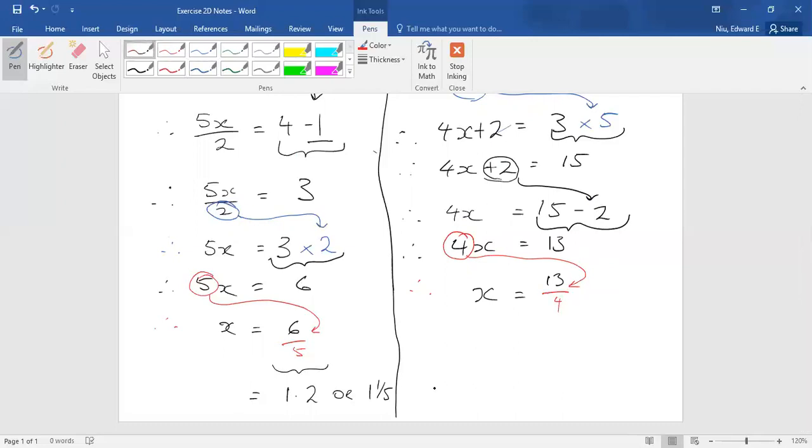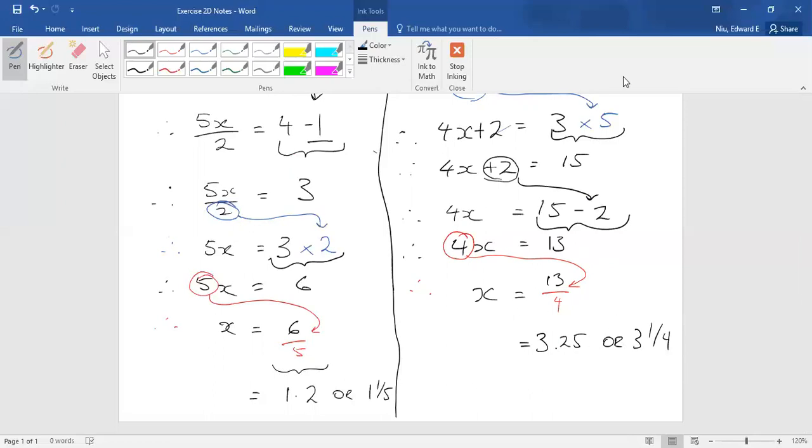All right, here that's an acceptable answer, 13 on 4, or if you put it into your calculator, you'll get 3.25 or 3 1/4. All right, either of these are acceptable.